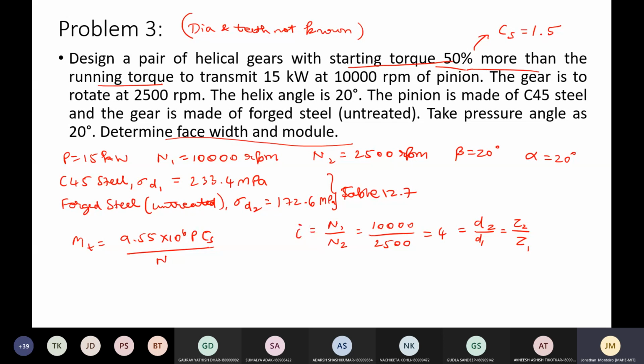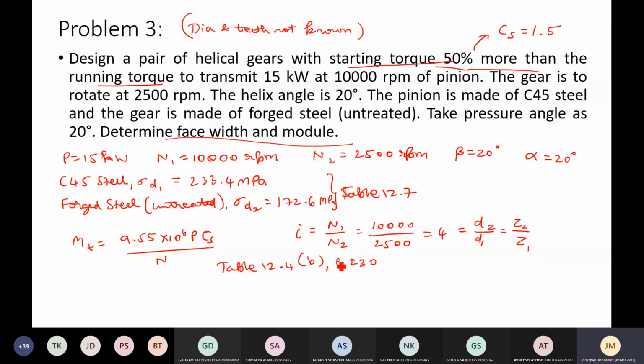What is that? To start off this problem, you require the minimum number of teeth. So Table 12.4B, page 230. We have used that in the spur gears before also.